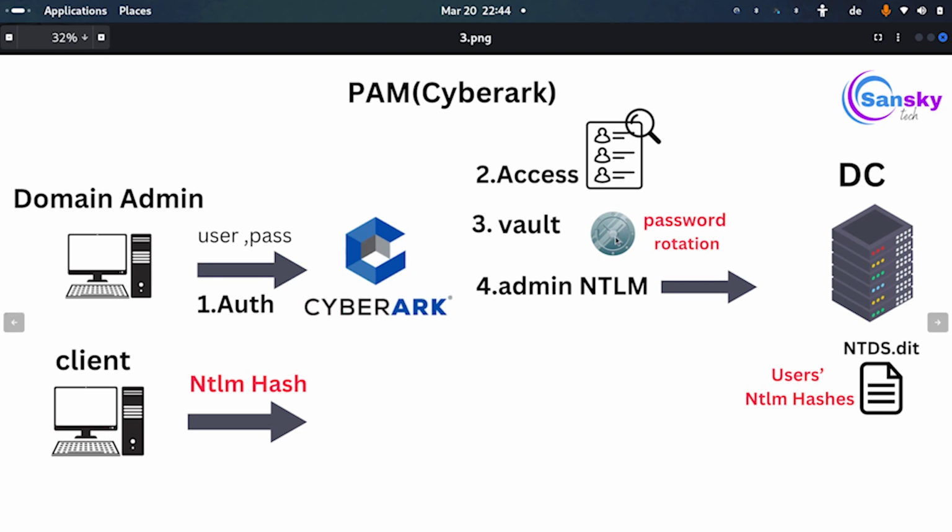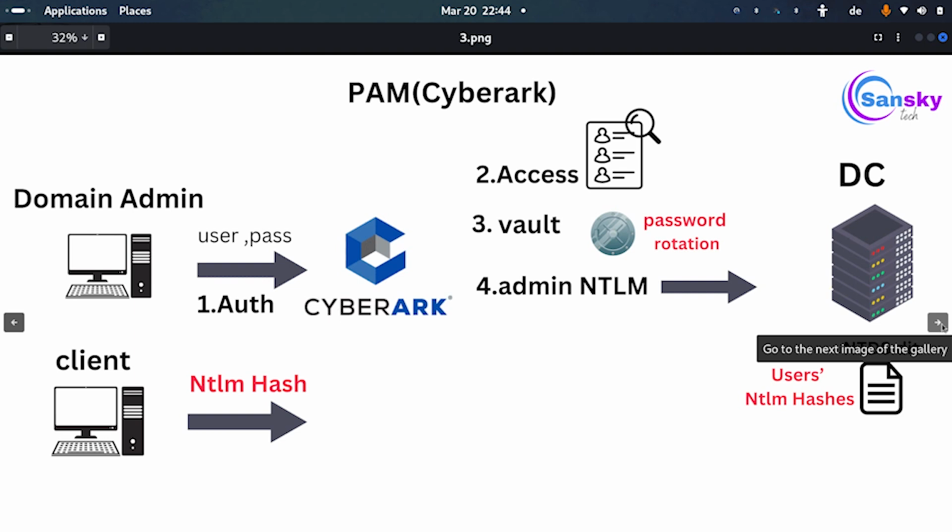So if a penetration tester or attacker gets access by chance to the credential of a specific user within the domain, this password is not going to help them much, because it is going to be changed by CyberArk through the password rotation process.